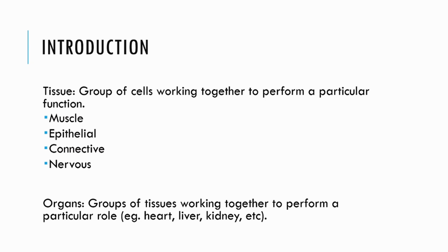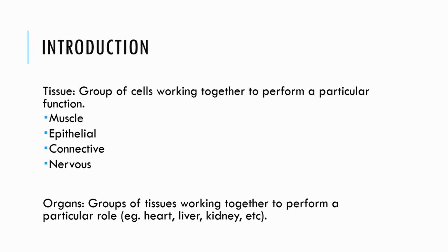And we have four main categories of tissues: muscle, epithelial, connective, and nervous. We'll kind of tease them apart as we go through this video, but those are our four main categories.